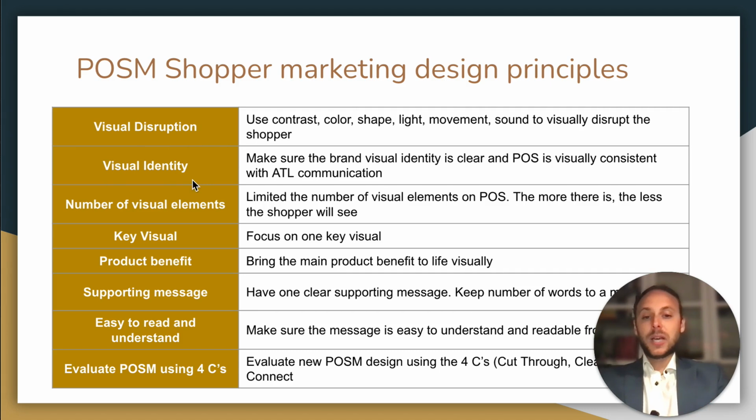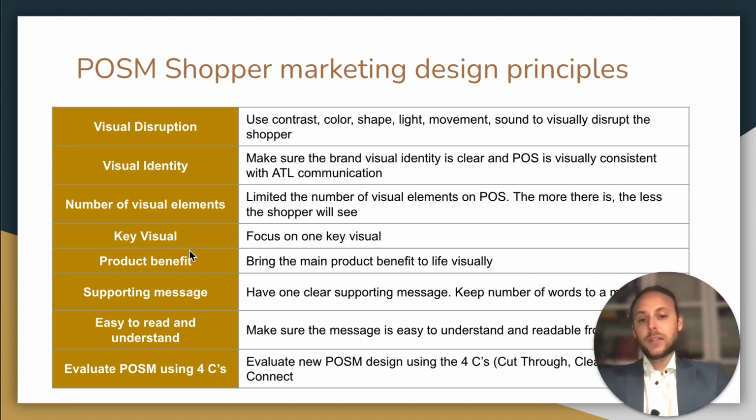Also, the visual identity is obviously super important. So make sure the brand visual identity is clear and POS is visually consistent with also above the line communication. So the number of visual elements. So limit the number of visual elements on POSM, because too much can also be confusing. So the more there is, the less the shopper will see.